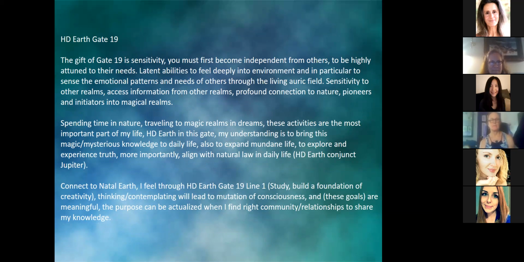Yeah, so lastly, we're looking at the design Earth. It's gate 19. The gift of gate 19 is sensitivity. You must first become independent from others to be highly attuned to their needs. Latent abilities to feel deeply into environment, and in particular to sense the emotional patterns and needs of others through the living auric field.